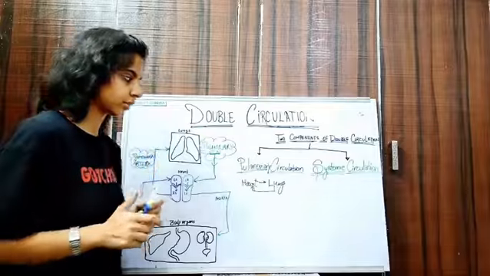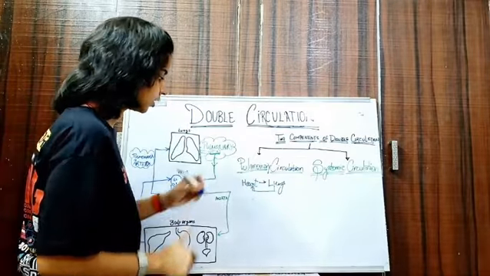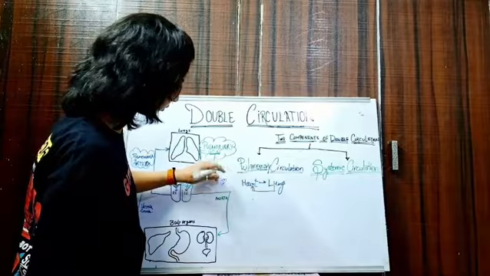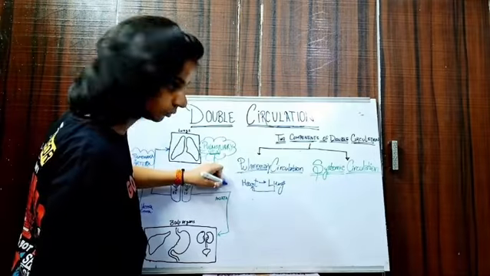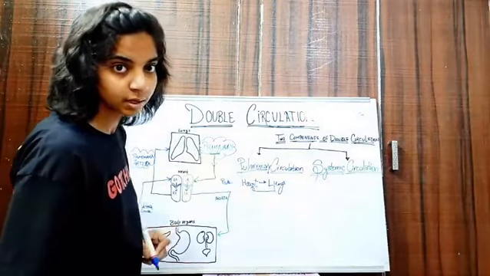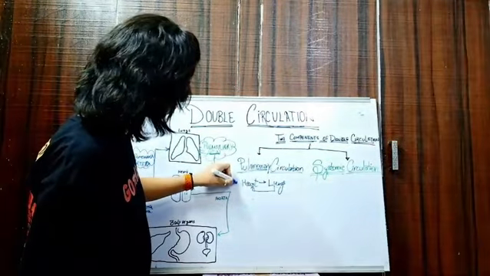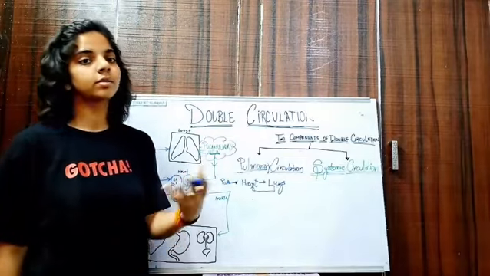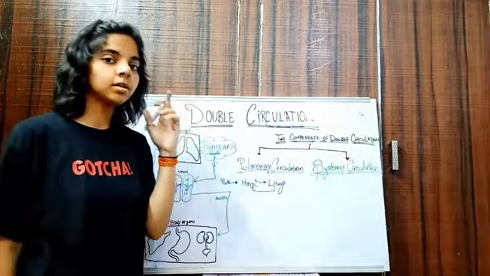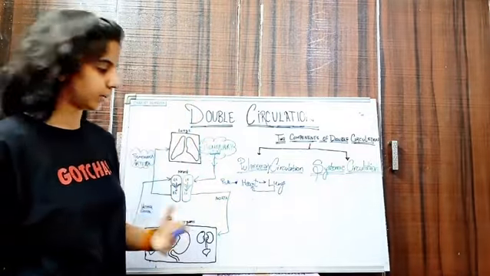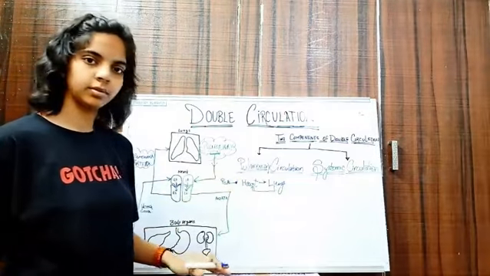This is pulmonary circulation, right? तो ये हो गया इसका path. Path of pulmonary circulation, heart से lungs में deoxygenated blood, lungs से heart में oxygenated blood. तो ये है हमारा pulmonary circulation.